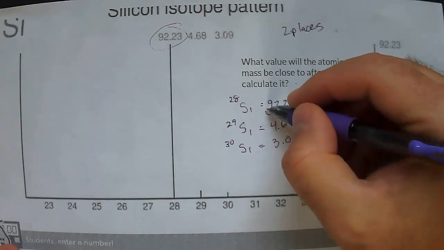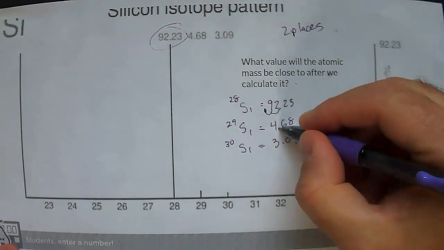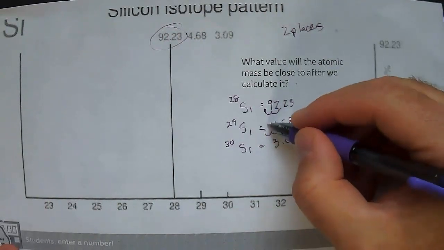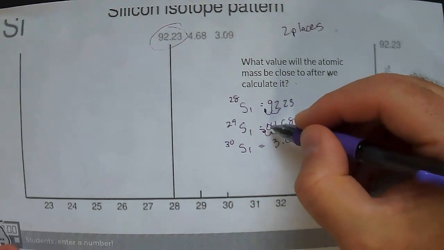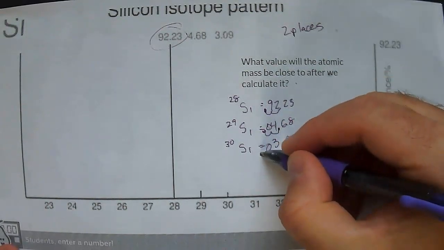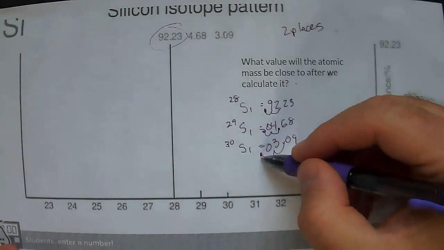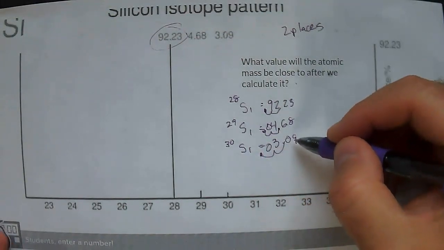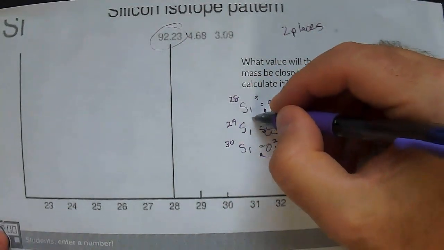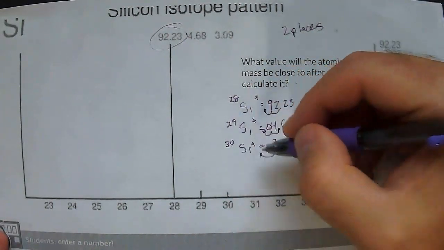Even though this is a single digit percentage, we still move it 2 places, so it's 0.0468. Same thing here, it's 0.0309. Then we multiply 28 times this, 29 times this, 30 times this.